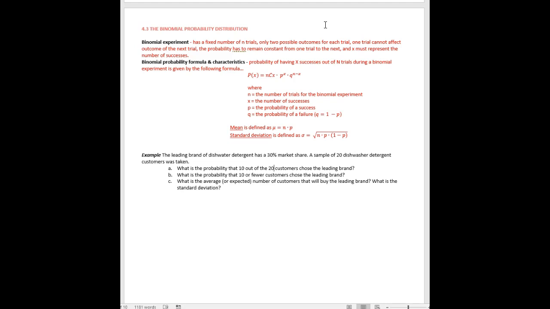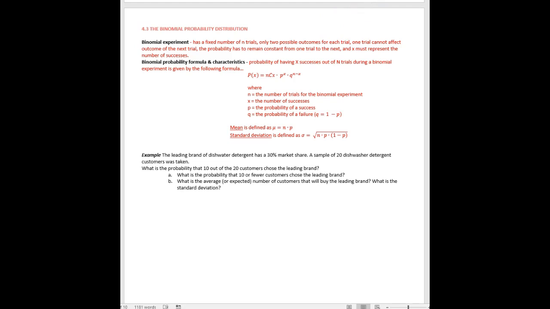If you flip 500 more coins, on the 501st flip your probability of getting a success is still 50%. And x must represent the number of successes. So we use n to define the number of total trials and x to define the number of successes in the total number of trials.